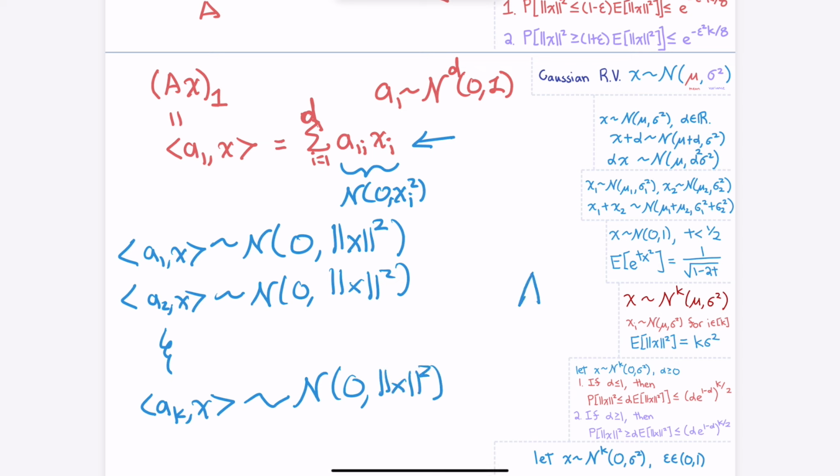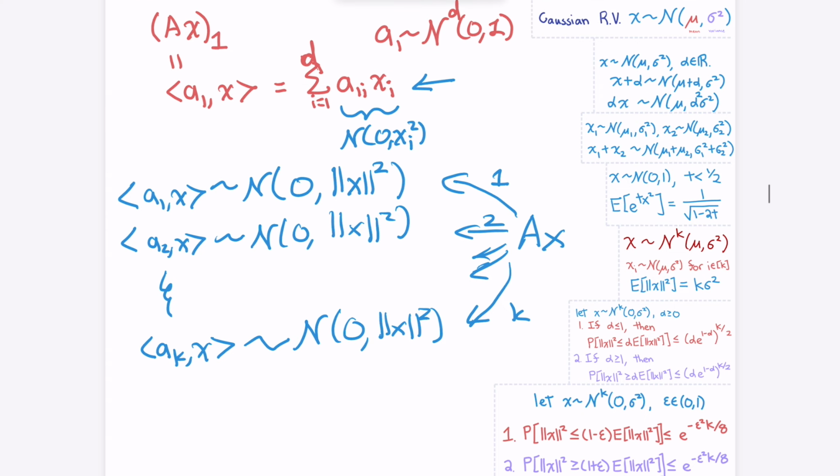These are all the individual entries of your output: that's the first coordinate, that's the second coordinate, that's the last coordinate. So what does that say about Ax? What is Ax?